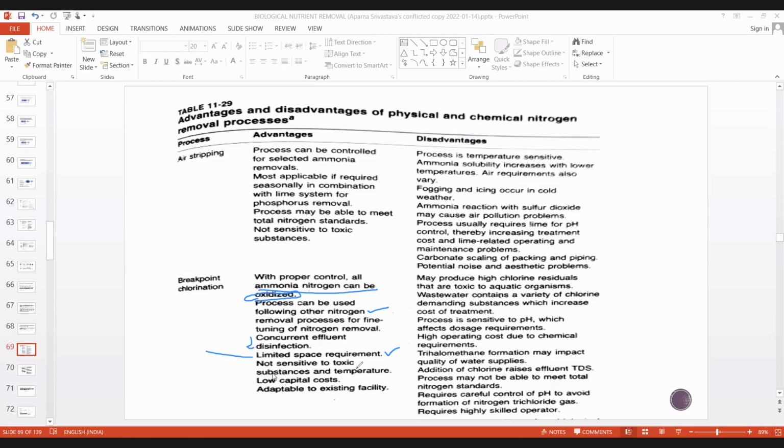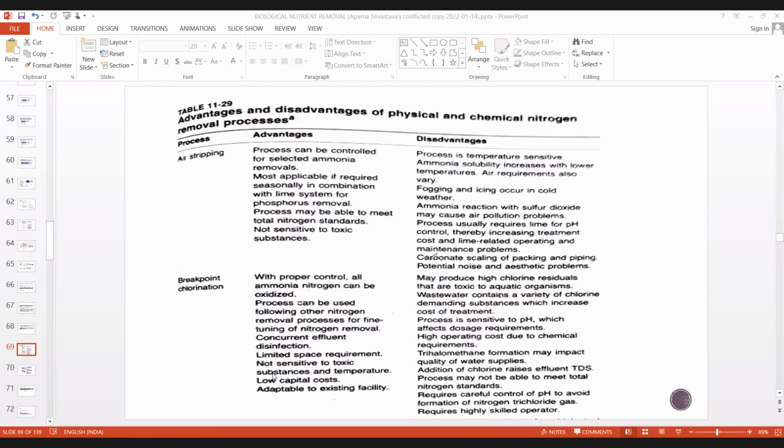It is not sensitive to toxics, and temperature is not going to affect it. Low capital cost: only chlorine is the cost, and bleaching powder is quite cheap. Adaptable to existing facilities: you can add this system to any existing treatment system. That is the advantage.